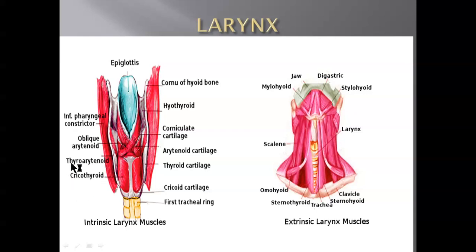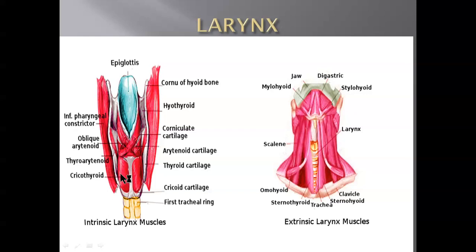So the cricothyroid again is a very important muscle over here. We can see this cricothyroid muscle, here is the cricoid cartilage over here, and it's important because this muscle gives the tone to your voice.